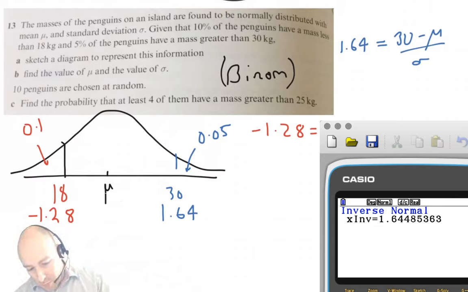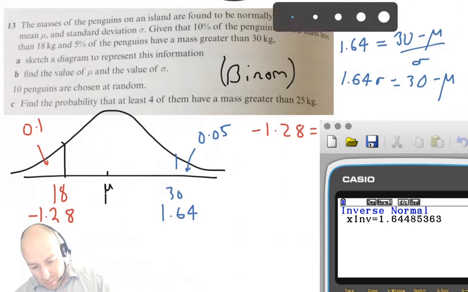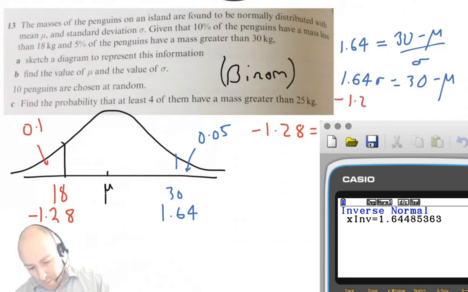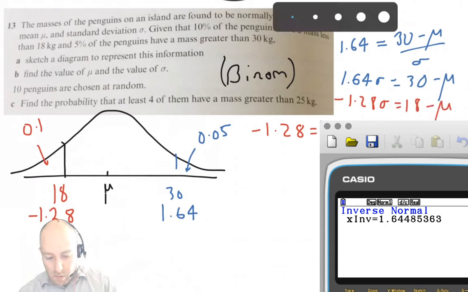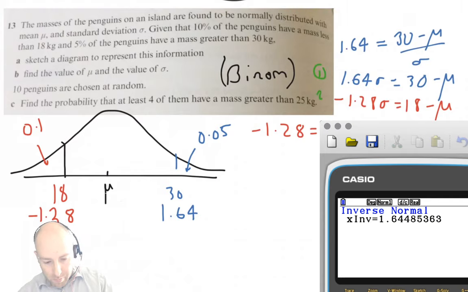So 1.64 sigma equals 30 take mu. And for this one, minus 1.28 sigma equals 18 take mu. So again, I'm going to take one of these from the other. I'm going to do this one take this one. So when I subtract those, it's going to add my two things together.